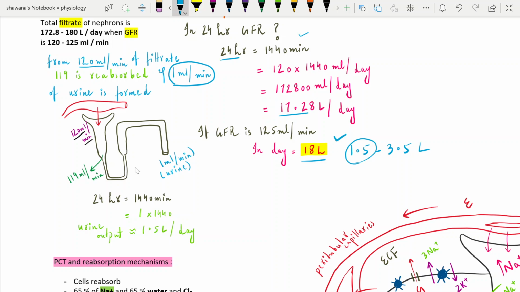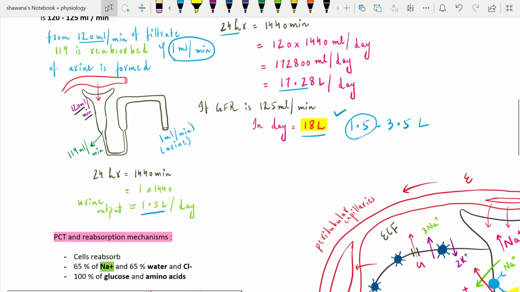So 1 multiplied by 1440, the estimated amount of urine produced during the day is 1440 ml, which is about 1.5 liters per day. Less than that comes under the term oliguria, and more than 3.5 liters comes under the term polyuria. The thing I want to put in your minds is that the reabsorption mechanism is very powerful and of great significance when it comes to nephron physiology.